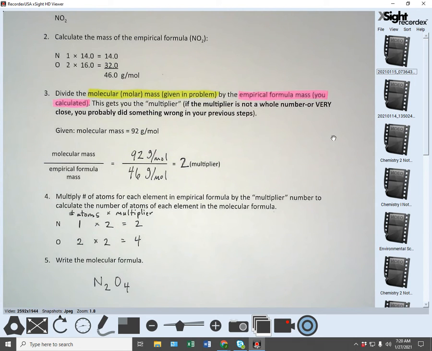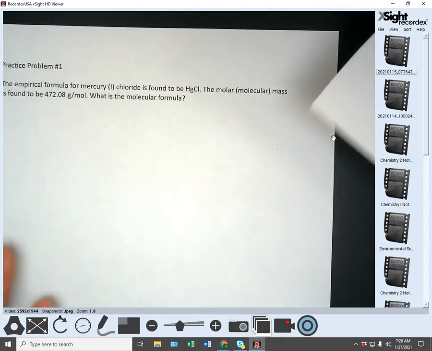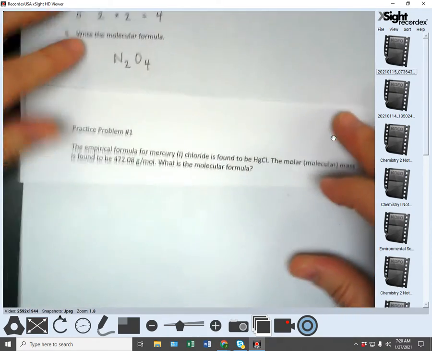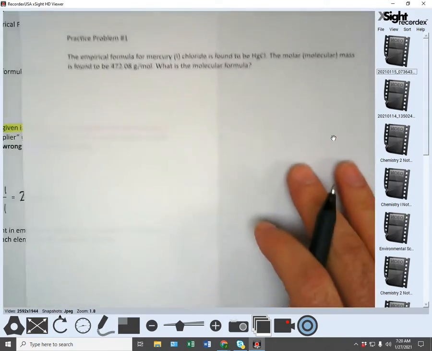Okay. All right. Let's do another practice one of these just so you can kind of see it done. So on the second page of the notes, we have this practice thing here, and I'll go back and forth between the two so you can see the steps.